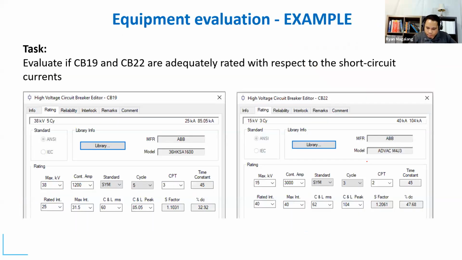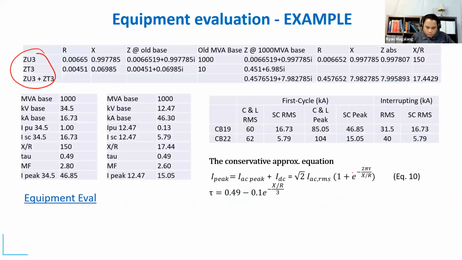So for CB19, I have tabulated here already. So the first cycle, 60, 16.73 is the RMS, 85.5 the peak, short circuit is 46.